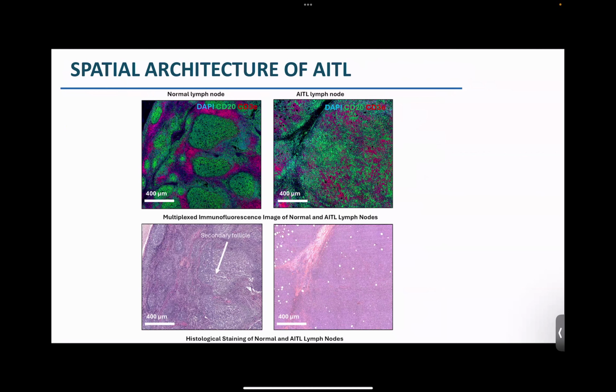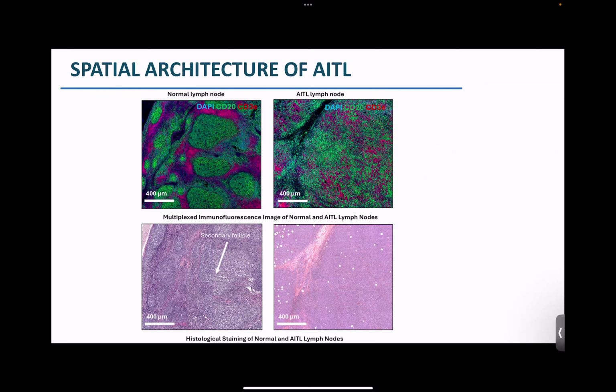It shows that the normal lymph node, as seen in both the CODEX image and the H&E staining, had organized circular structures, as I mentioned earlier, and these are the follicles which form from the organization of the B cells and the T cells.